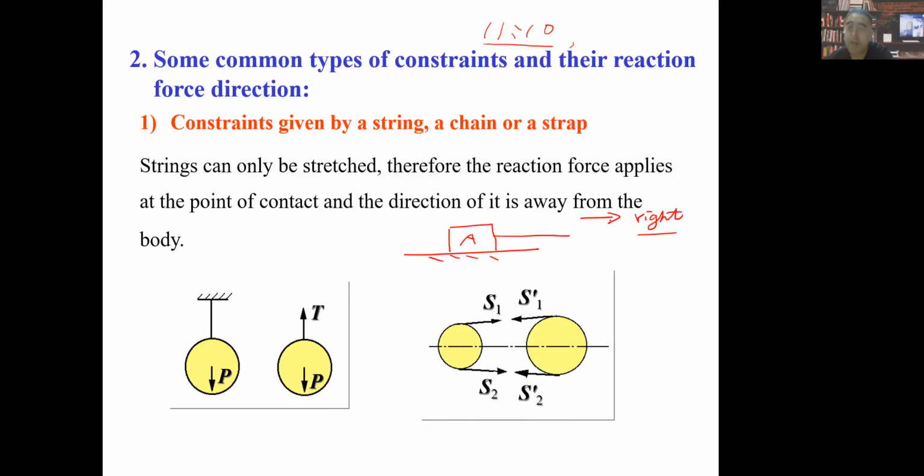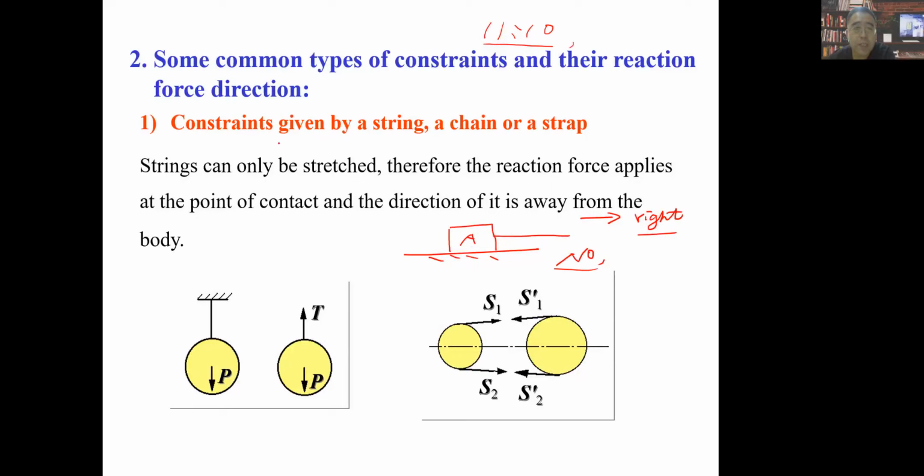You say, okay, that's easy. We just stretch this rope and let this rope pull this body from this position to another position along the right direction. But if I said, please push this body A using this rope from right to left, can you do that? No, right? We cannot do that. We are not Superman. We don't have that kind of power.